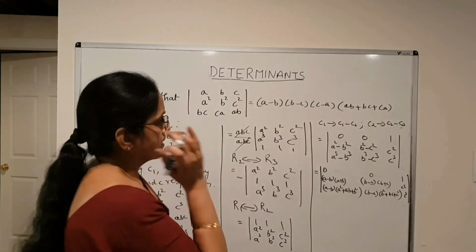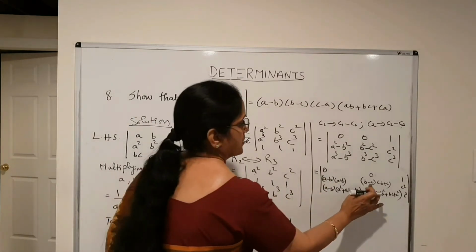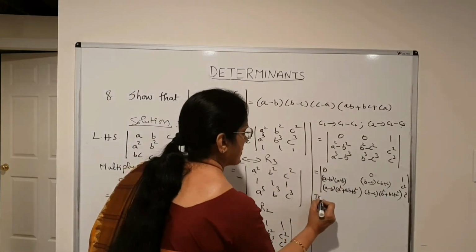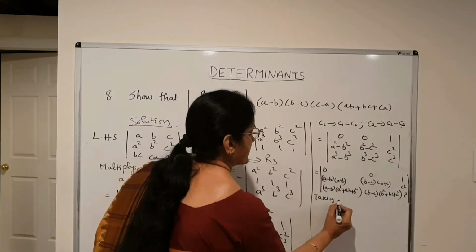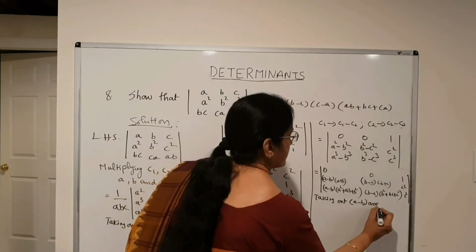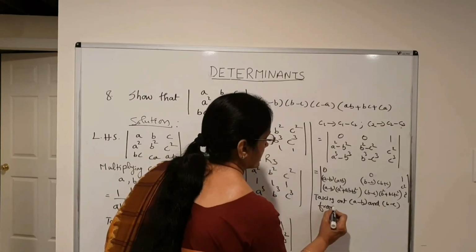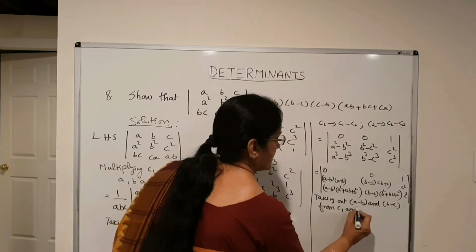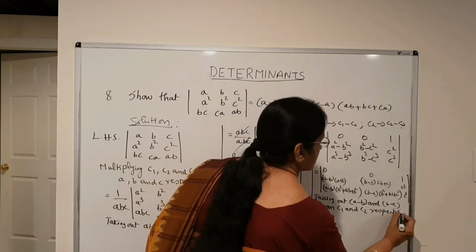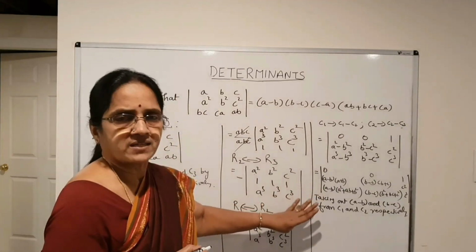Now I am going to take out A minus B from C1 and B minus C from C2. So taking out A minus B and B minus C from C1 and C2 respectively. See, every step is very important.